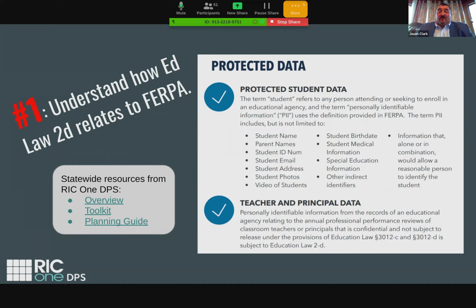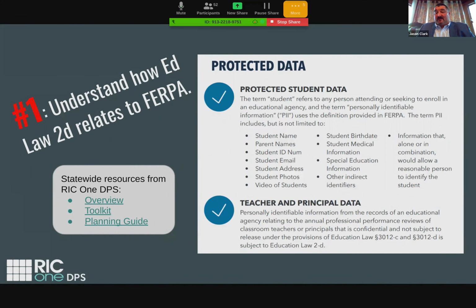So under Ed Law 2D, anything that you see here on my screen is considered protected information. Student first and last name, which is directory information under FERPA, is now considered protected information under Ed Law 2D.